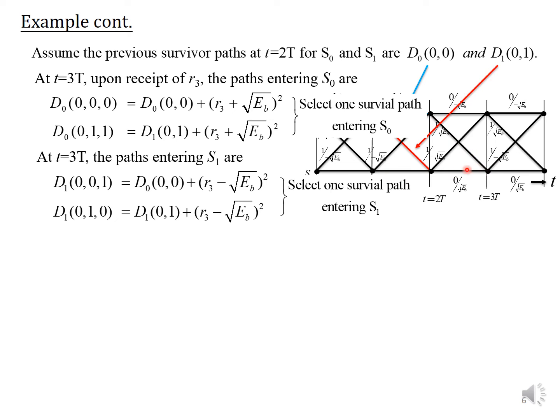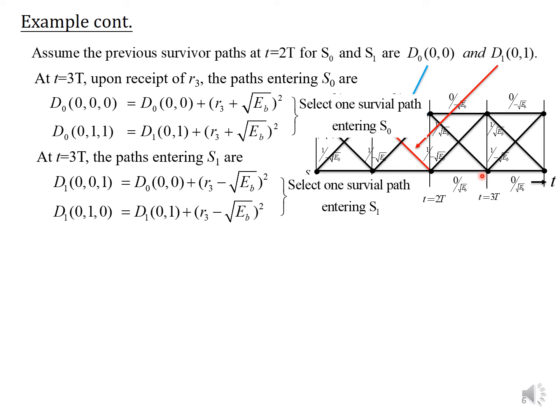Then we have two candidates for entering S1, and from these two paths, again we select one survival path for S1. So with every new symbol coming, we keep selecting one survival path for S0 and one survival path for S1.